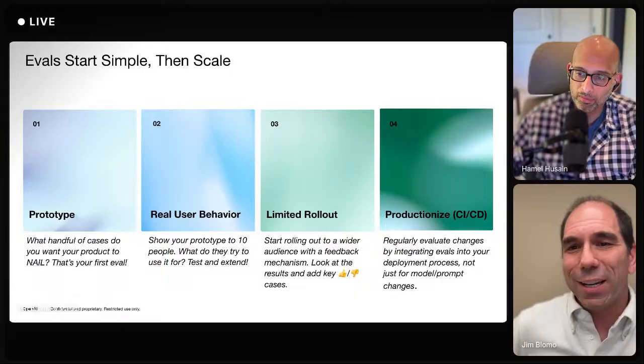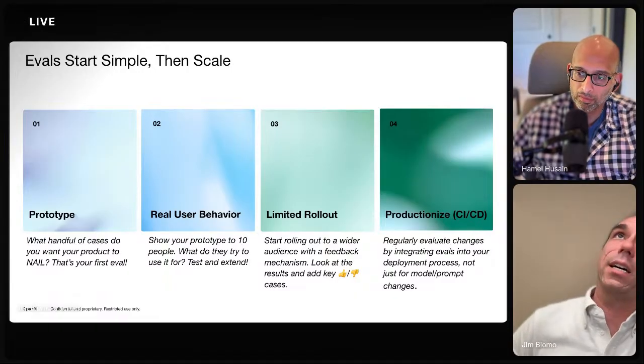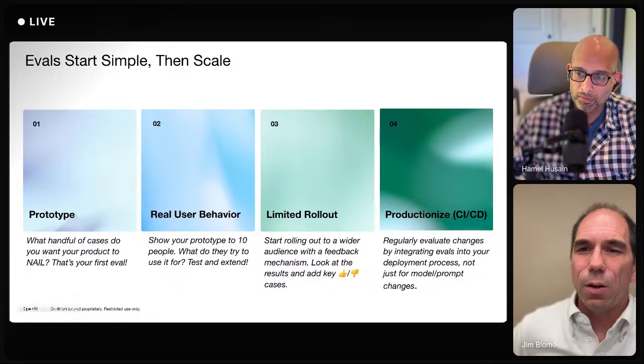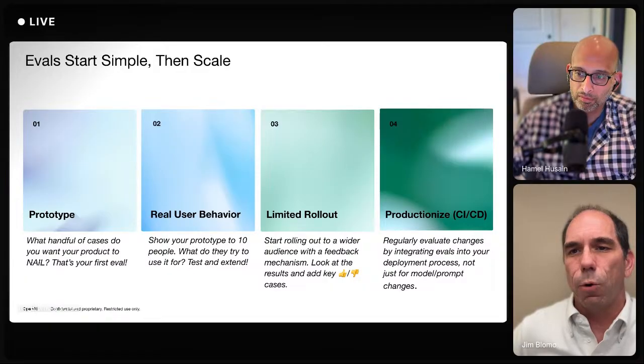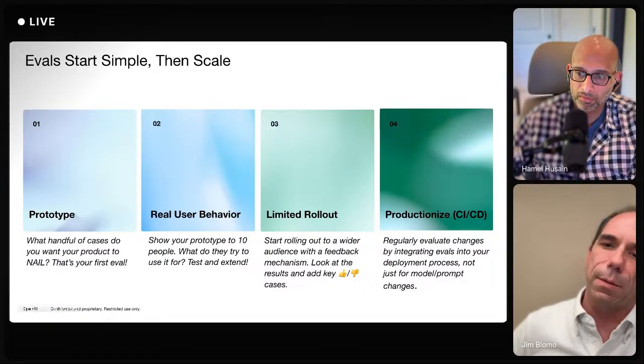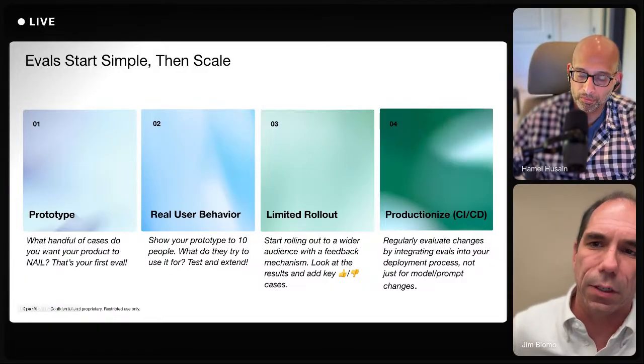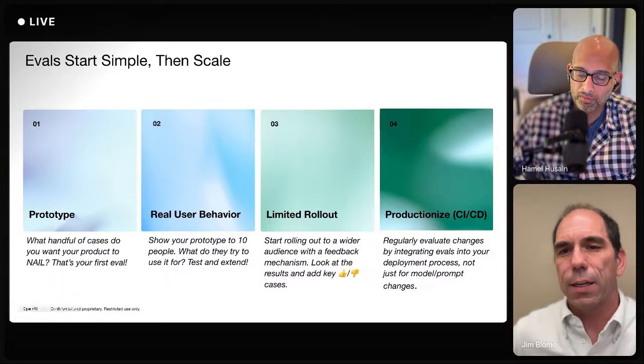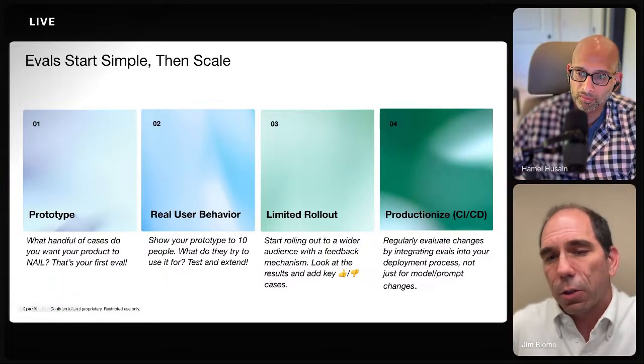But the reason they were getting thumbs down is often because the user wasn't using the product as intended, or they weren't getting the functionality that they ultimately wanted out of the full experience, versus the model giving back a bad answer. And so being able to separate those pieces of feedback in the early stage of the product is really important.